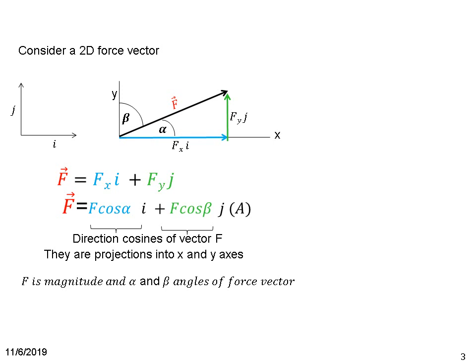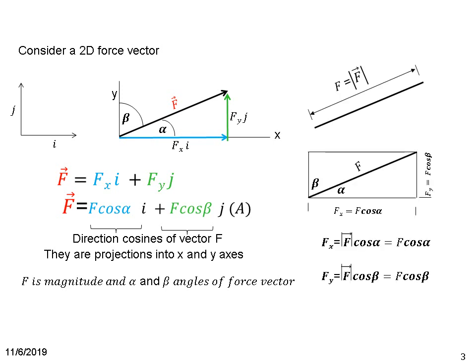Since Fx is F cos alpha and Fy is F cos beta, where F is the magnitude of vector F, we can write vector F as F cos alpha i plus F cos beta j, as equation A. In this equation, cos alpha and cos beta are called direction cosines of the vector F.